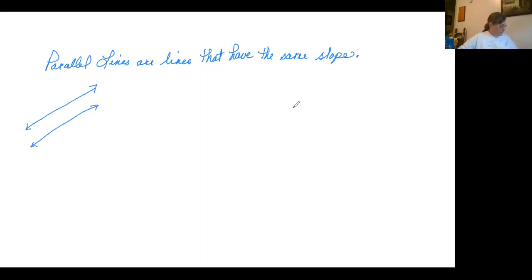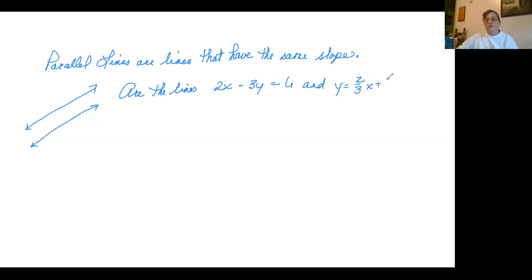Suppose they asked you, are the lines 2x minus 3y equals 6 and y equals 2/3 x plus 5 parallel?